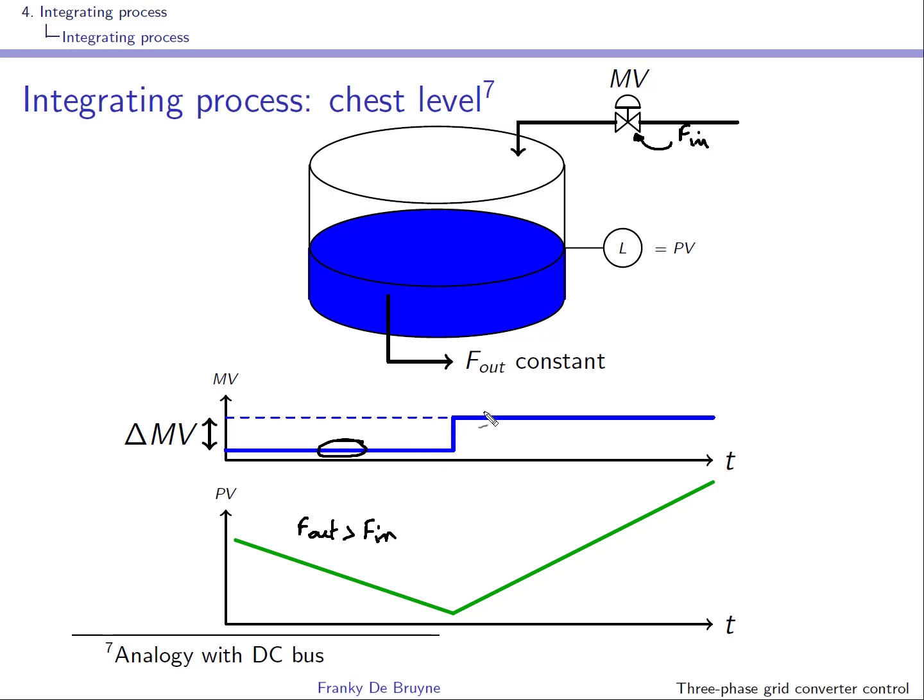Here the valve position is changed, and suddenly you see that the level is increasing. So in this case, f in, the input flow, must be larger than the output flow. The only instance where the level is constant is when both f in and f out are exactly equal.